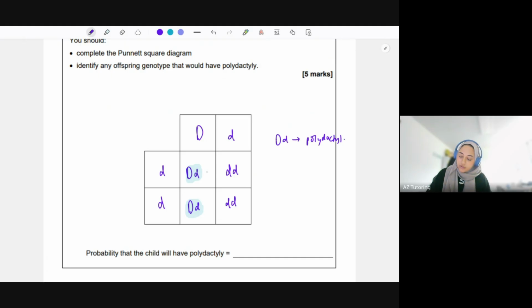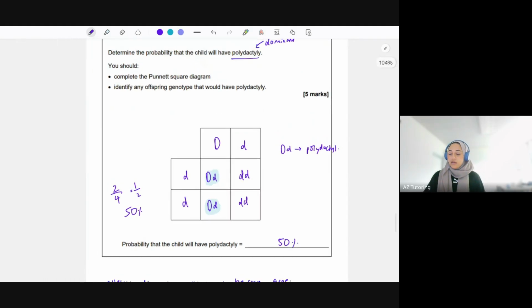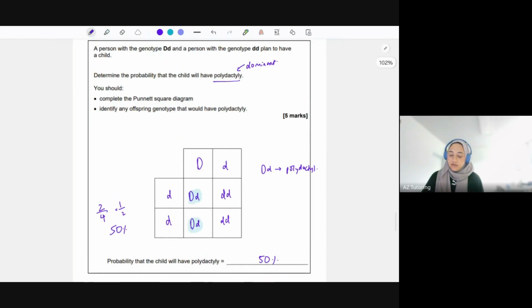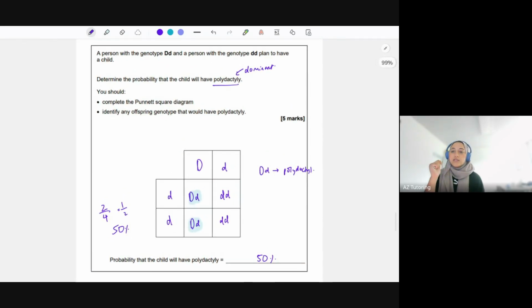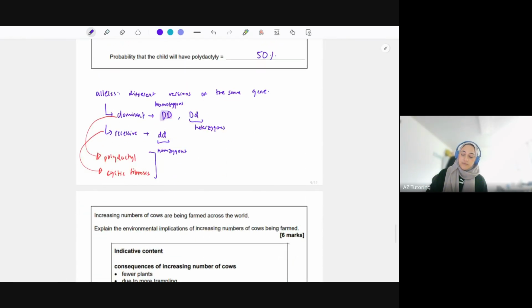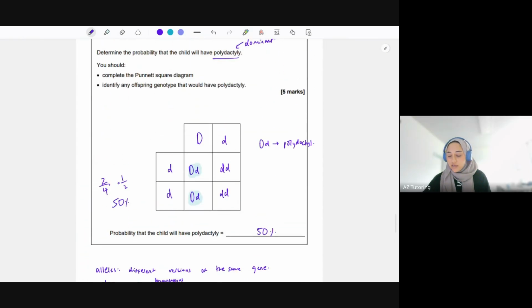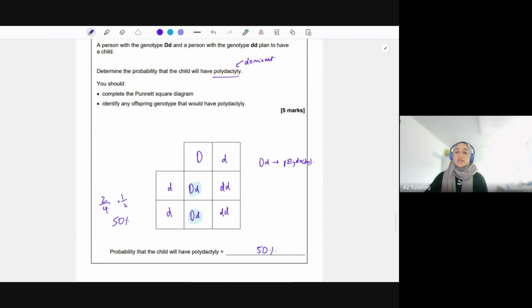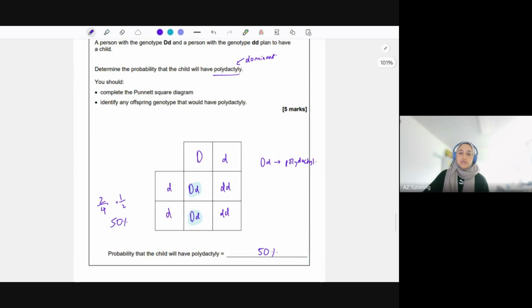Because it's dominant, because it's 2 out of a possible 4 that has polydactyl, which is just a half, so it's just 50%. So they're quite easy marks to get here. They'll never tell you for polydactyl and cystic fibrosis whether it's a recessive or dominant one, because they want you to know that. But if they do give you a complete random disease, they will tell you whether it's a dominant or a recessive disease.